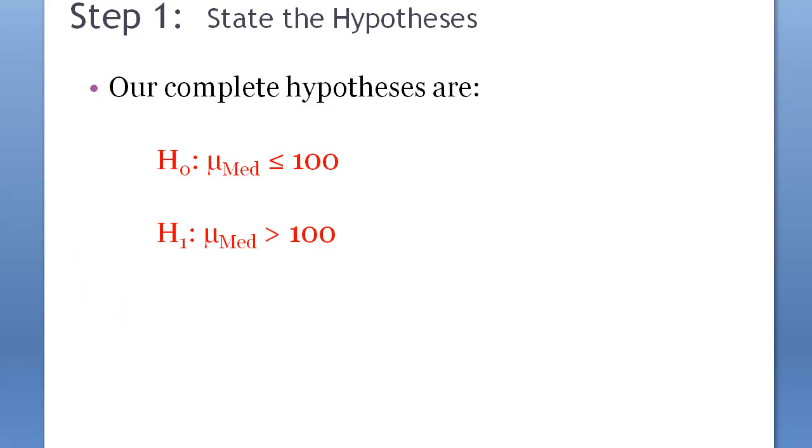So step 1, state the hypothesis. Simply put, we can write these two: null hypothesis mu med is equal to or smaller than 100, and alternative hypothesis mu med is greater than 100. Later on in non-directional hypothesis testing, we are going to have different notations, but here, because it's directional, this is what it's going to be.